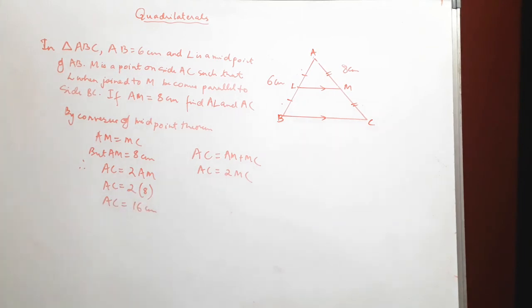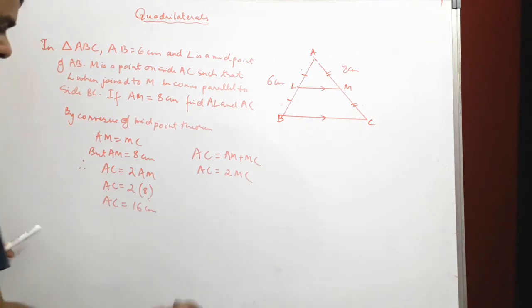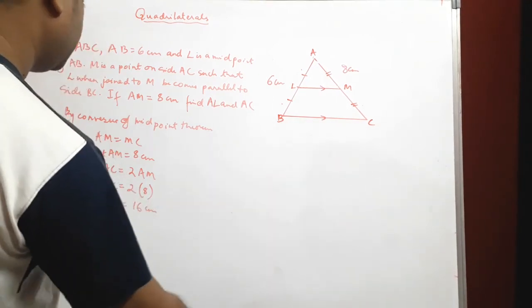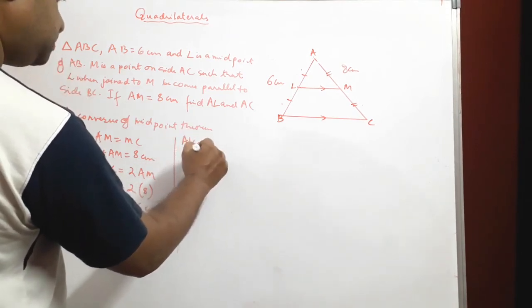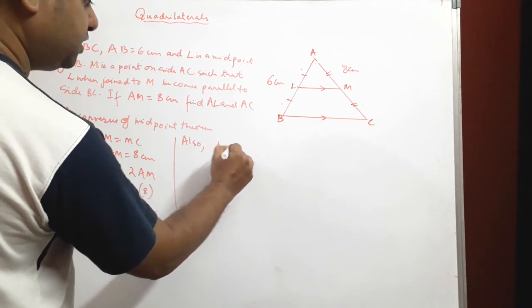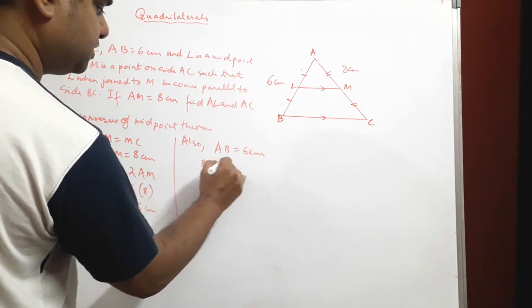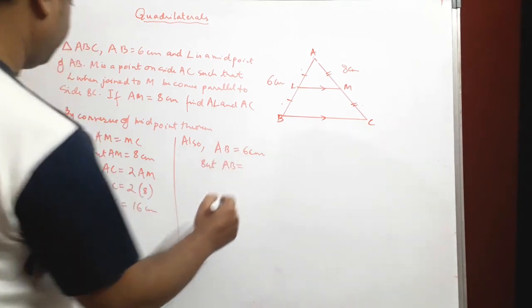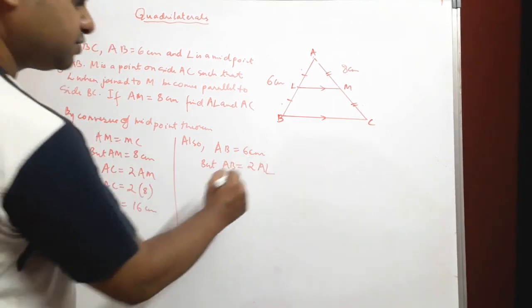So we've got AC. Now we have been given AB, we are asked AL. Similarly, AB is equal to 6 centimeters, but AB is 2 times AL.